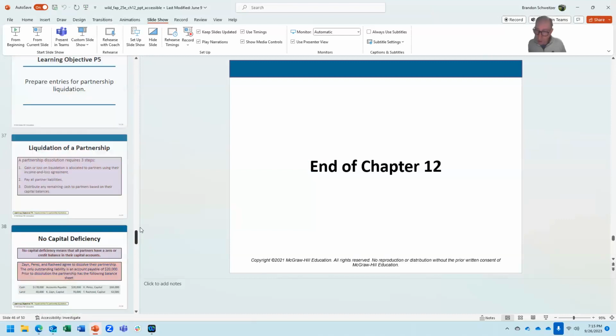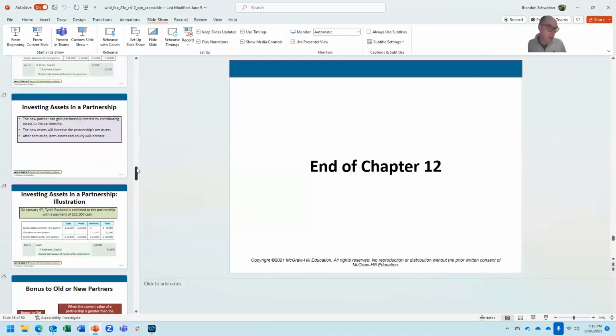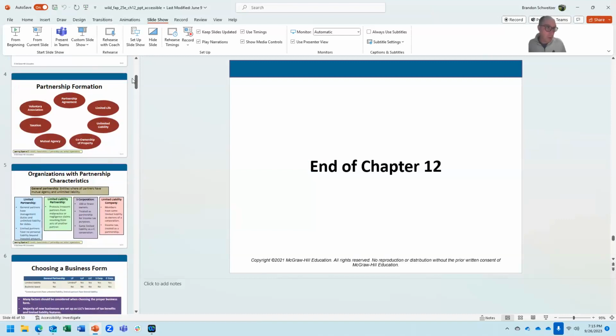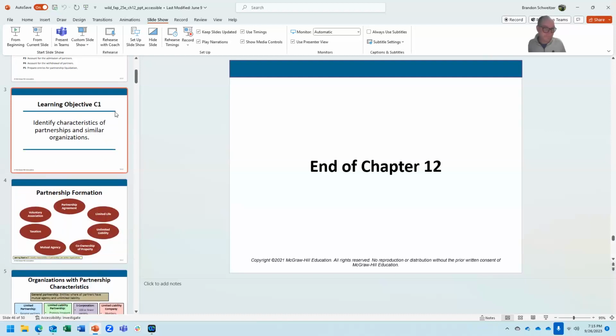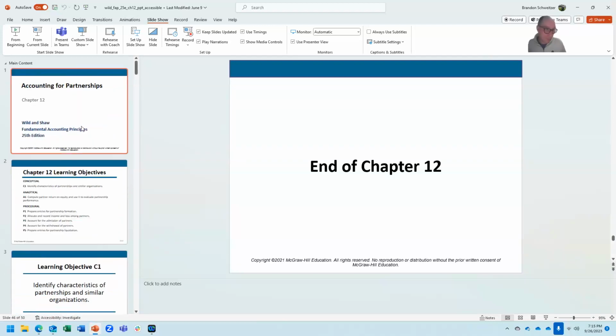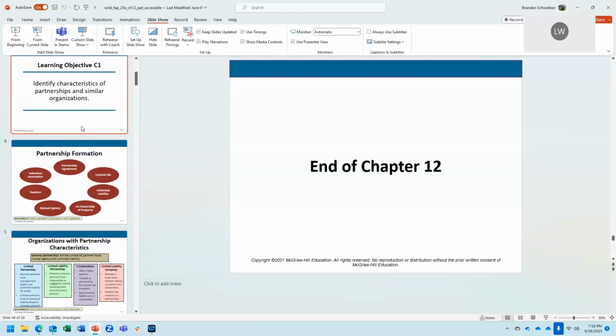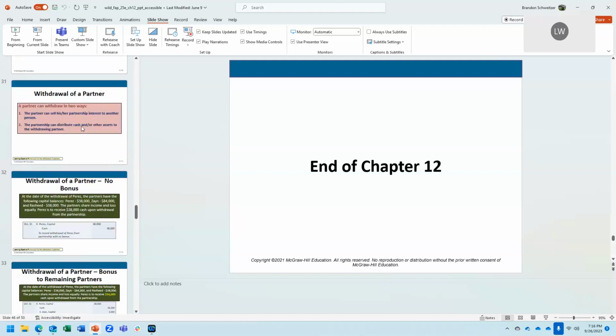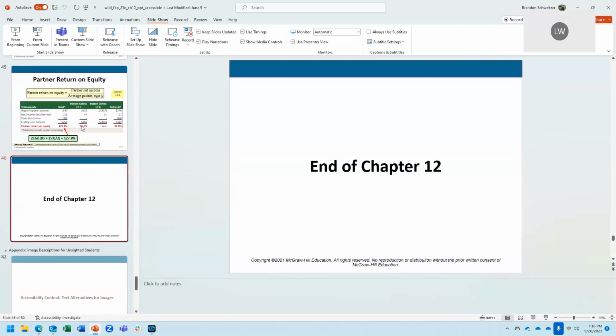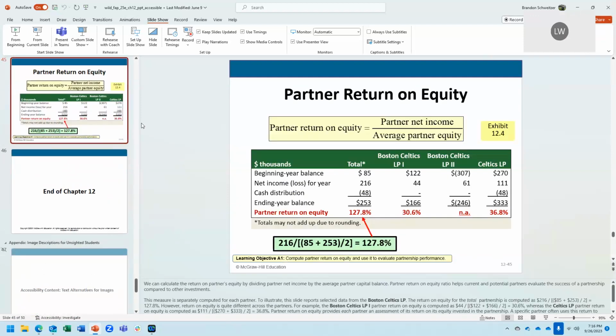Are there any questions at all on partnership accounting? Or did I do an okay job? Anything at all? I don't believe so. I was going to ask something about return on ratios, but I think the ending slide shows you how to do that. So I don't think I have any problems. I just got to look back over. Okay.